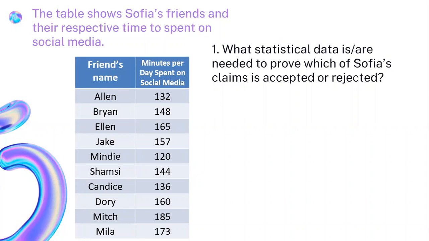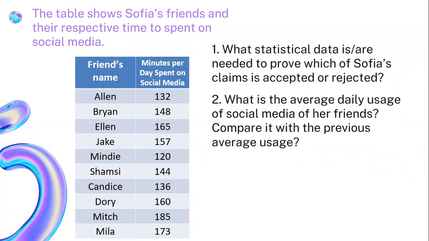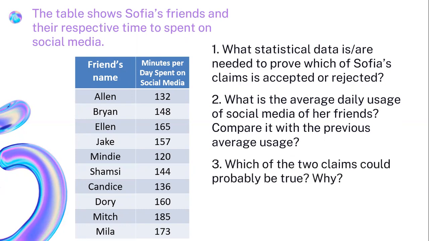1. What statistical data is or are needed to prove which of Sophia's claims is accepted or rejected? Second, what is the average daily usage of social media of her friends? Compare it with the previous average usage. 3. Which of the two claims could probably be true? Why?